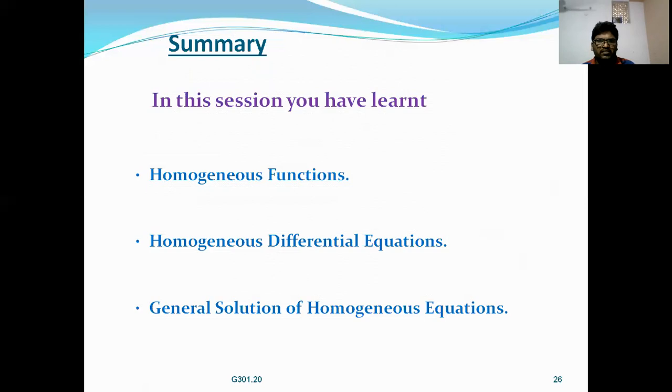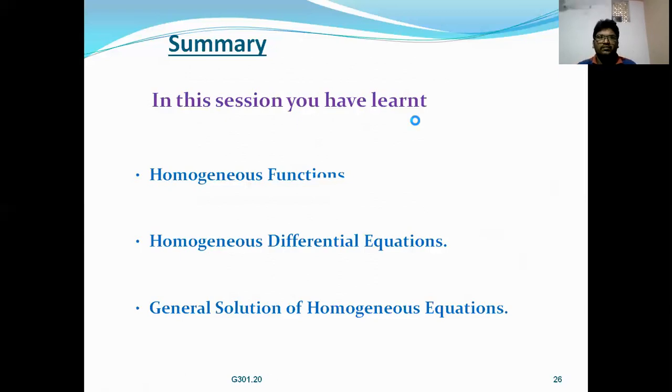The second point is the homogeneous differential equation. I gave the definition also, and I have solved some example problems on this topic. The third one is the general solution of the homogeneous differential equation. This is also completed. These three topics we discussed in today's session.